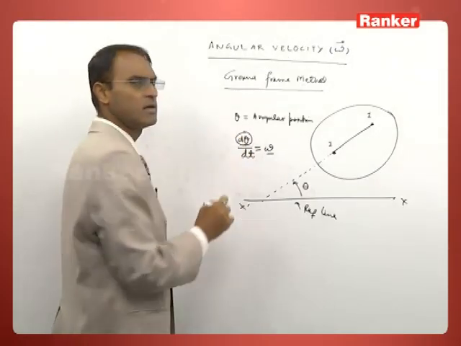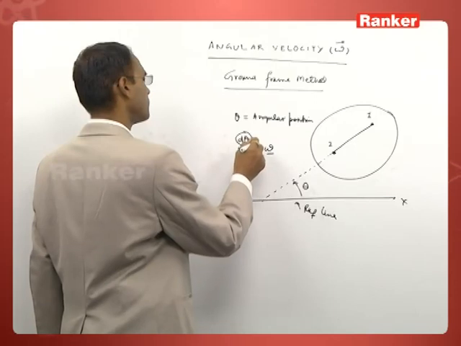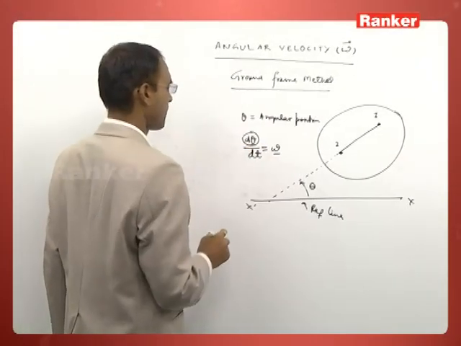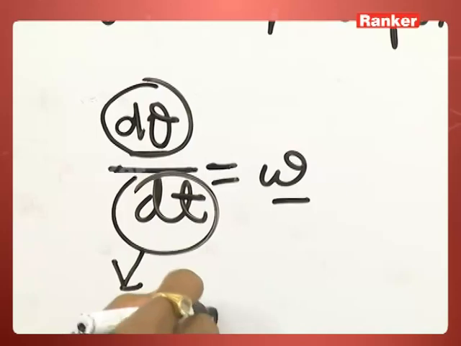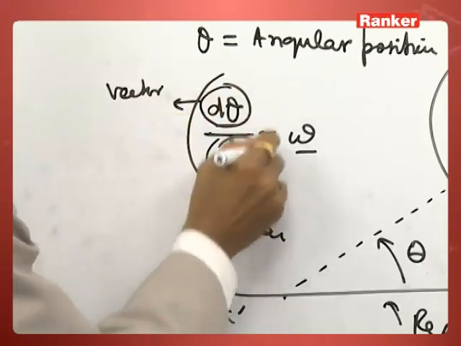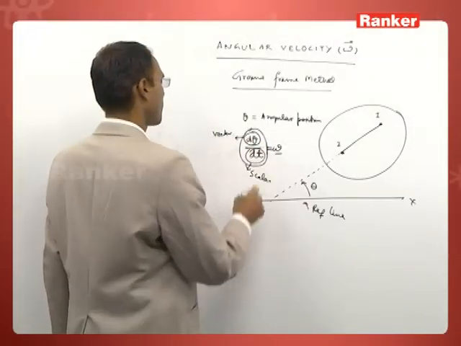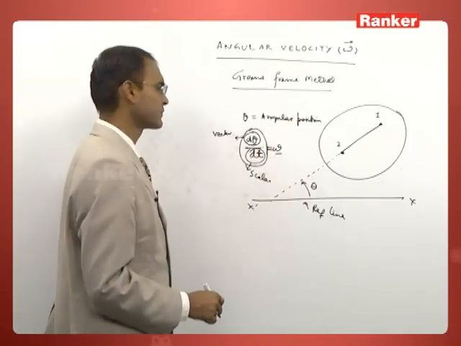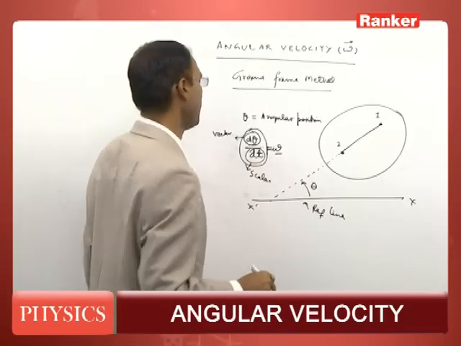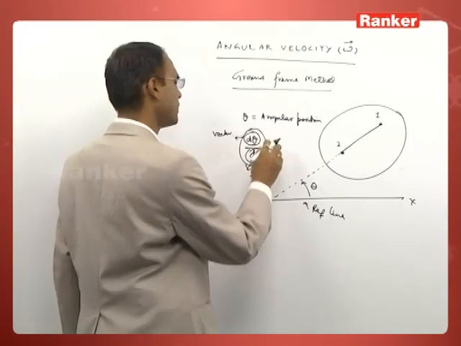Since d theta or the elementary angle is a vector quantity, as I discussed by taking the illustration, when it is divided by the scalar quantity, the ratio of the elementary angular displacement of the rigid body and the elementary time during which the angular displacement is happening, this ratio is defined as angular velocity of the rigid body, which is a vector quantity.